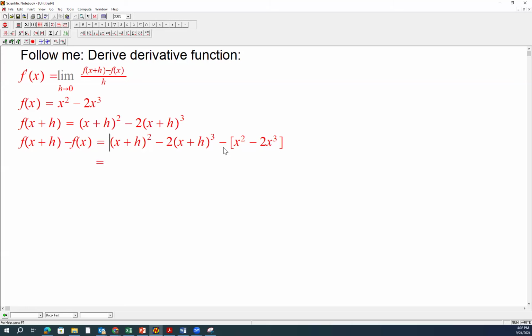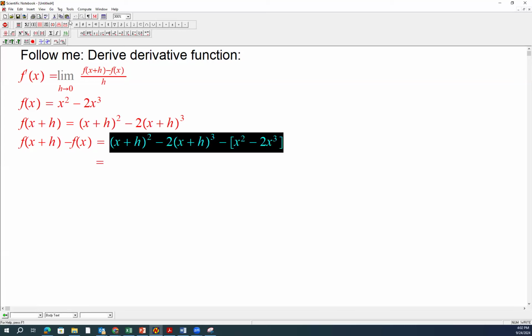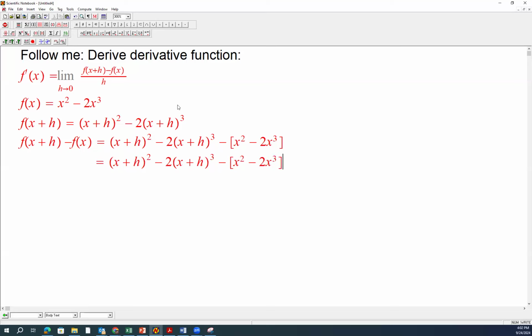So what I would do is I'm going to open this bracket, and this negative sign would apply to everything inside the bracket. And of course, we're going to get minus x squared plus, okay?